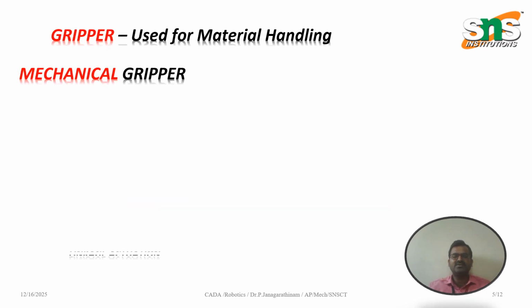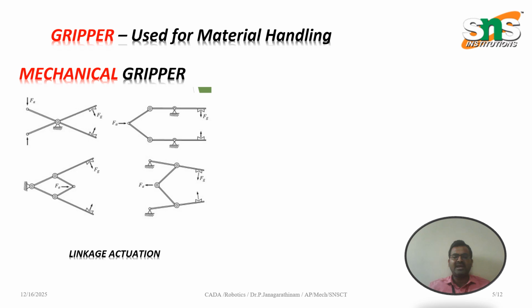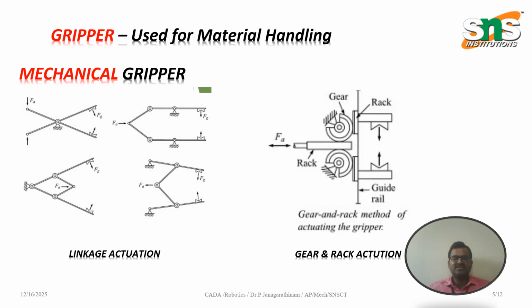Grippers include some mechanical grippers. This is the linkage actuation system. Here we use two links, fixed, so shrinkage will automatically be taken care of, meaning these two grippers will automatically hold the workpiece and move it from one place to another place. This is the linkage actuation system.